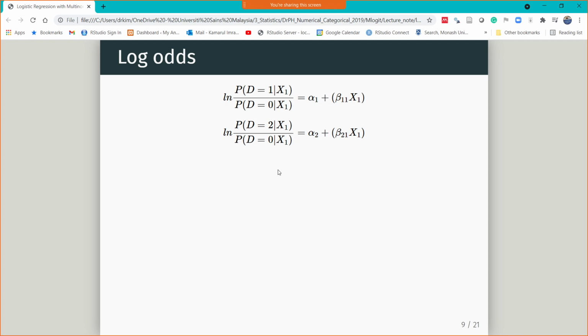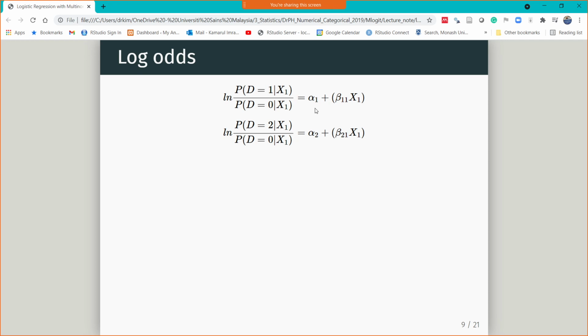In the multinomial logit model, first we compare the log odds of 1 against 0. Then we compare the log odds of outcome 2 versus 0. How about 2 versus 1? No. If you want to do 2 versus 1, then you have to do some manipulation of coding so that 1 becomes the reference category.